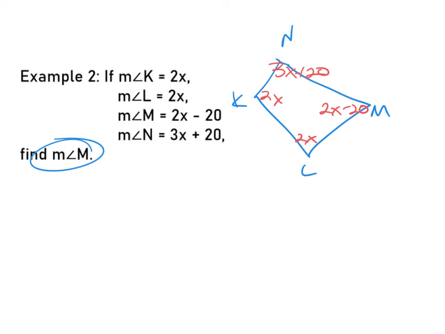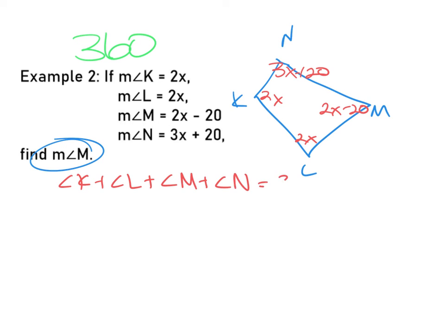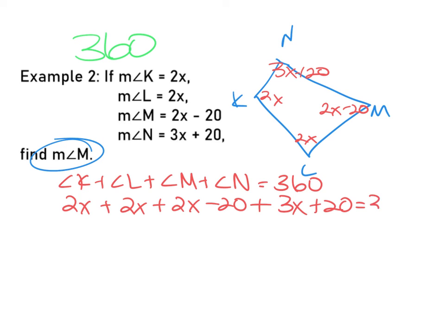Well, we said the magic number for quadrilaterals is 360. So all I have to do is take these expressions and set them equal to 360. So I'm going to take angle K plus angle L plus angle M plus angle N and set it equal to 360 degrees. So 2x plus 2x plus 2x minus 20 plus 3x plus 20 equals 360.